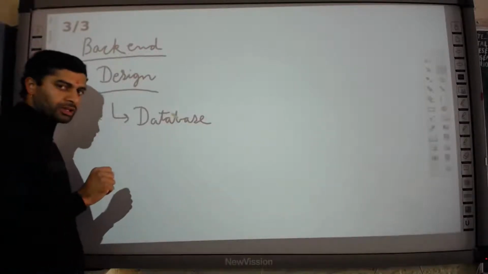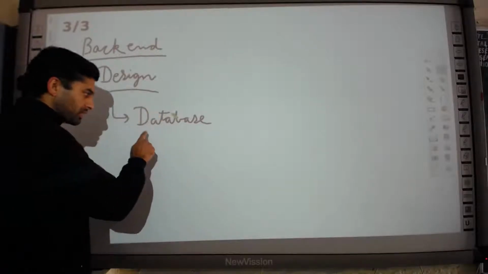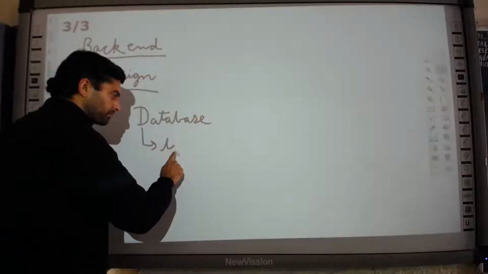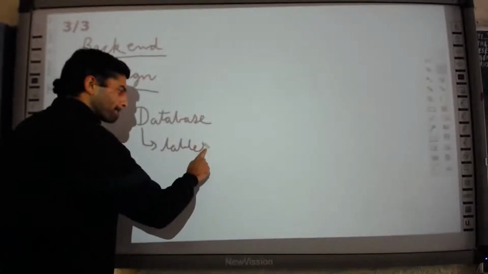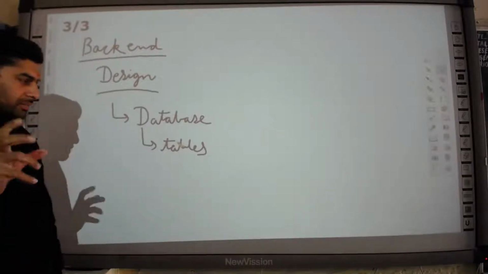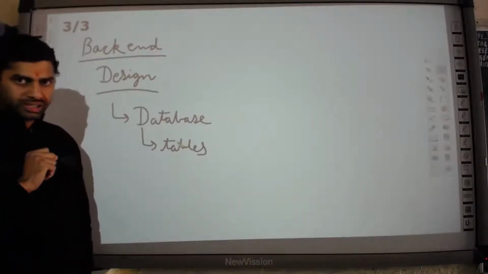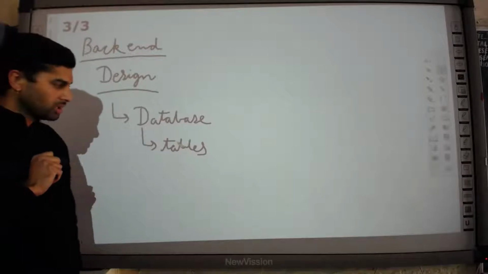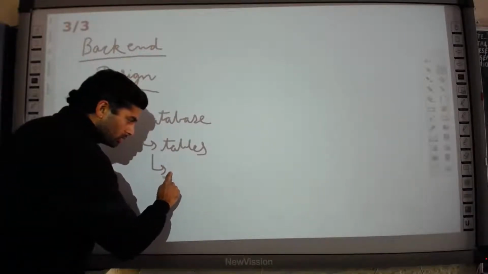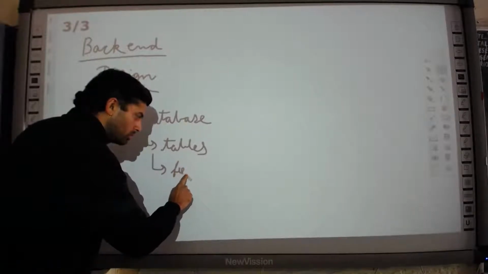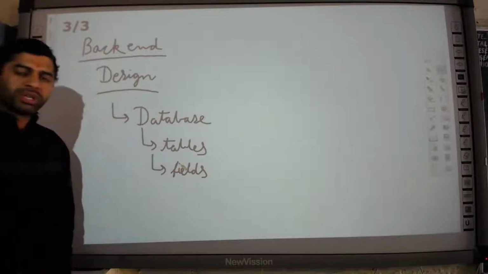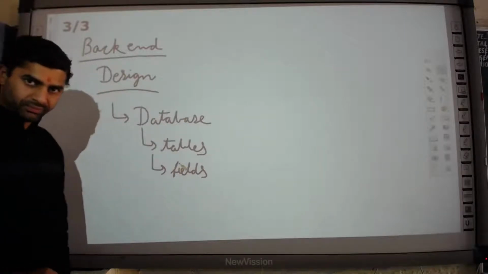Next, after designing the database, you should design the tables inside. The tables that will be there in that database. Okay, and inside these tables, you will be working with the fields.